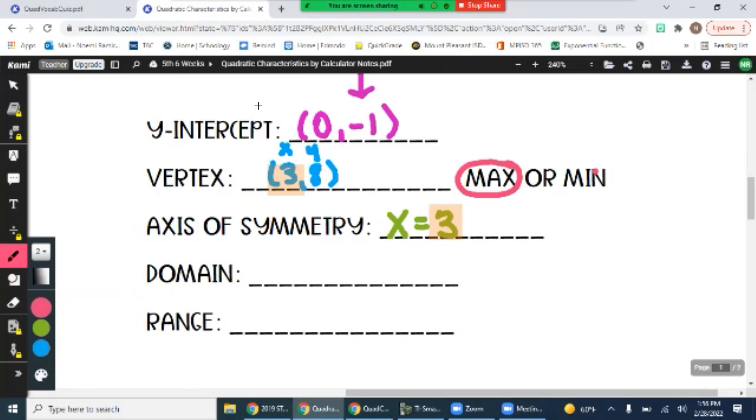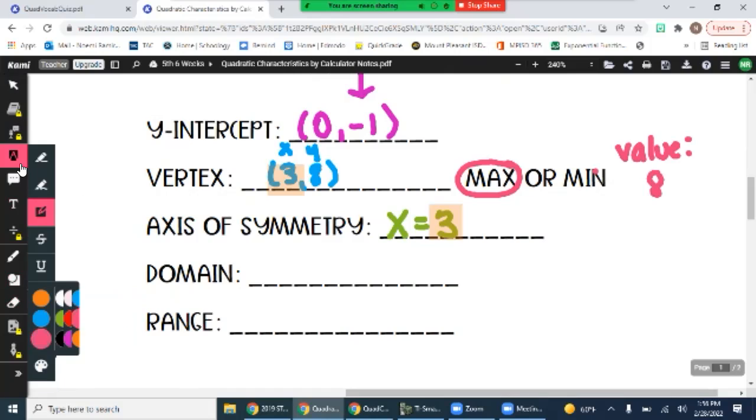Maximum. Our maximum value is what? The actual value is 8. Our Y value determines the height. Our Y axis determines the height.